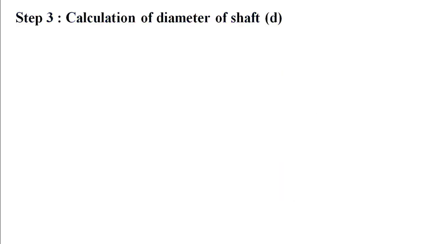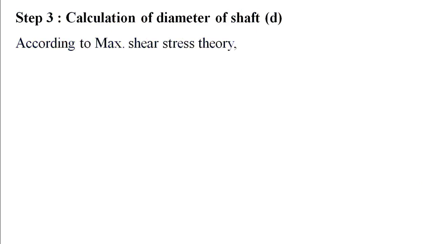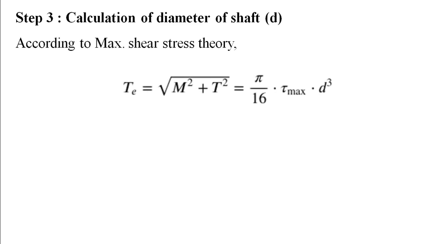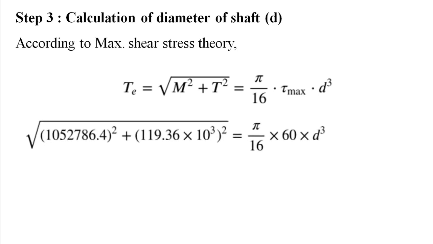We know the formula for maximum shear stress theory for combined loading: equivalent twisting moment capital TE is equal to root of M square plus T square equal to pi by 16 into tau max into d cube. Now putting the values of bending moment and torque into this equation, we will get the equation as root of 1052786.4 square plus 119.36 into 10 raised to 3 square is equal to pi by 16 into 60.